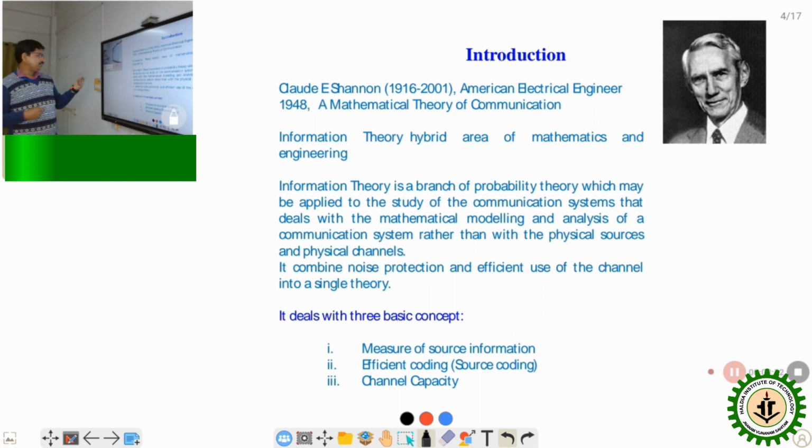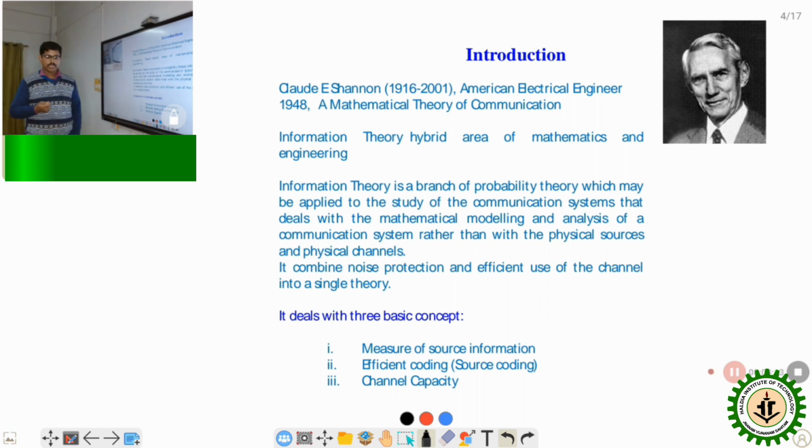So it combines three basic concepts: the measure of source information; efficient source coding, where we can use Huffman coding and Shannon coding; and then channel coding. Channel coding means all the information will go to the channel.